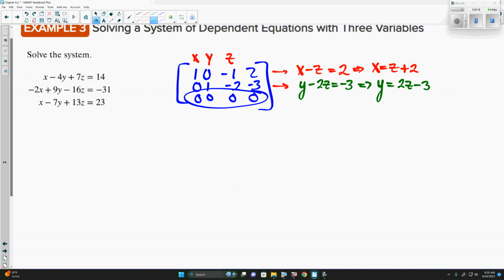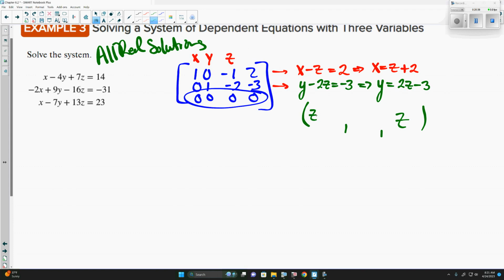So this is indeed all real solutions, but it's really all real solutions that satisfy this here. Now, since we got the other two in terms of z, our third spot will just be z.